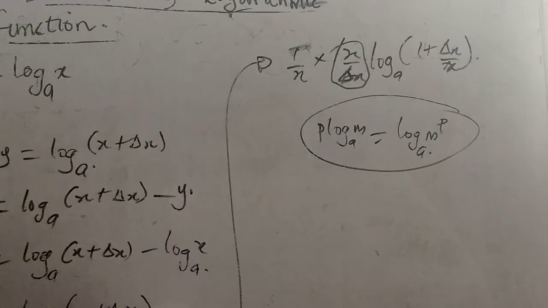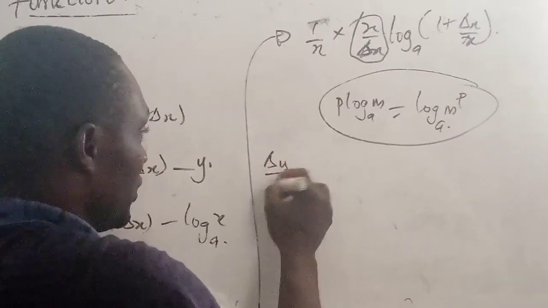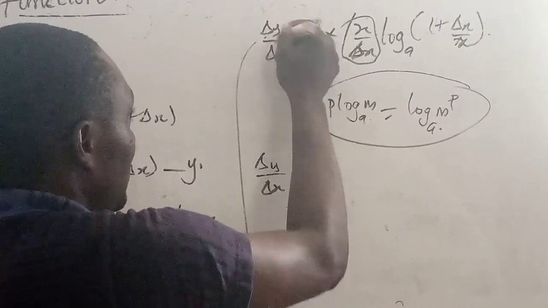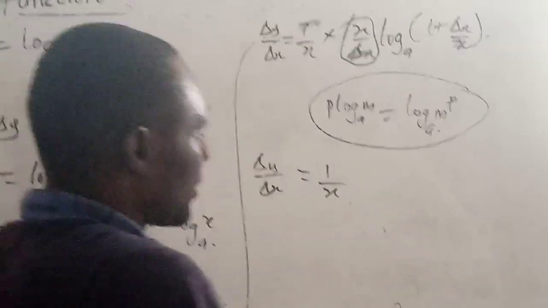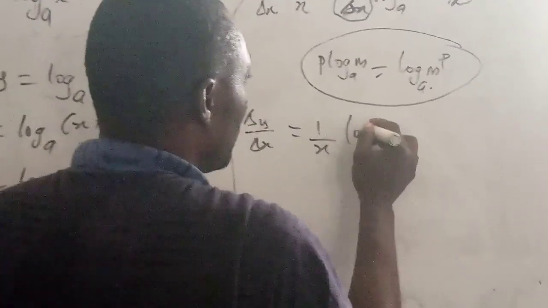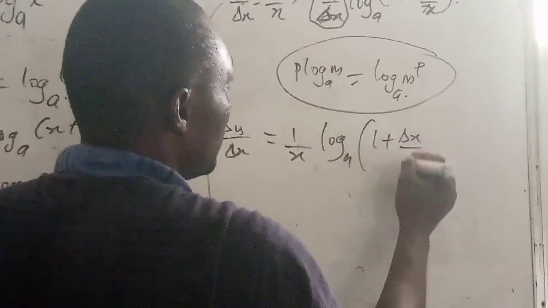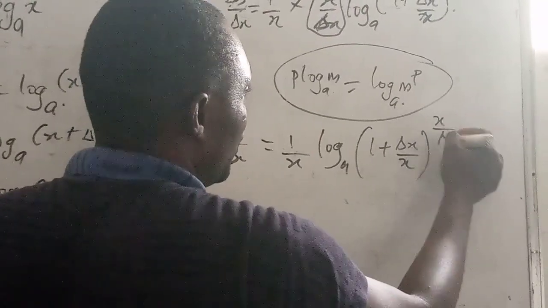So by doing that, change in y over change in x is going to be equal to 1 over x, logarithm to base a of 1 plus change in x over x, raised to power x over change in x.